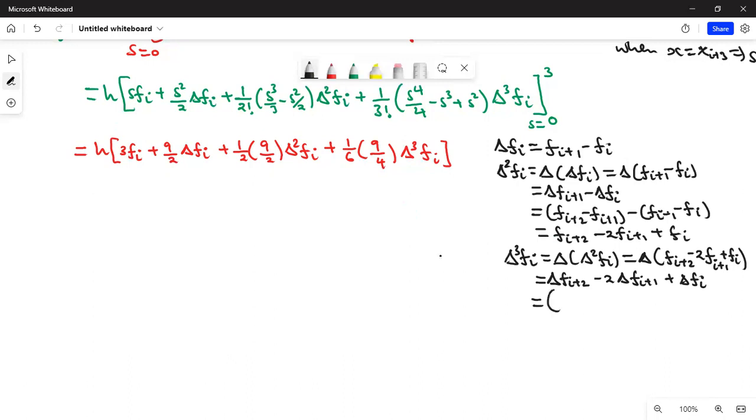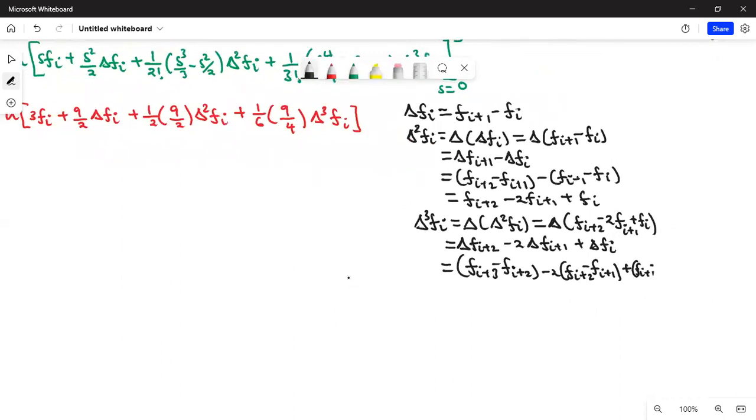The first term will give us fi plus 3 minus fi plus 2. The next term is negative 2. This is fi plus 2 minus fi plus 1. And the last one is fi plus 1 minus fi.